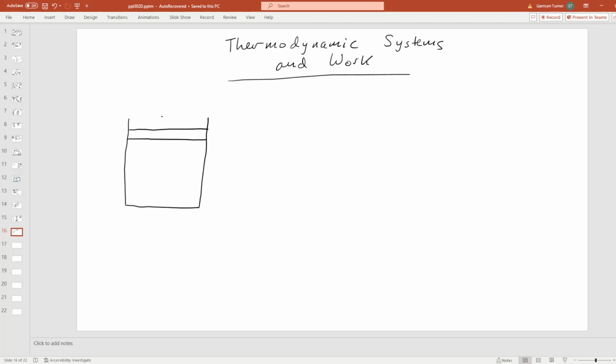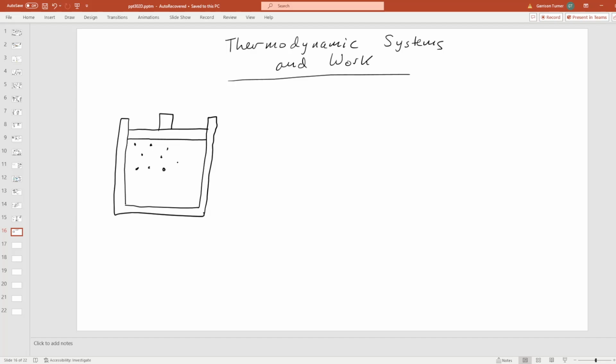Suppose that we have a container with a movable piston, and inside the container are gas particles.